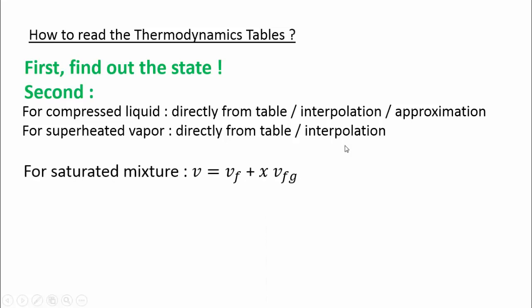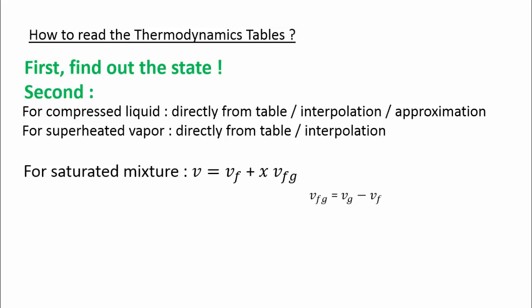If you have a saturated mixture, for example, you want to find the specific volume, you need to do some math, which is the specific volume of the saturated liquid plus the quality multiplied by the difference of the specific volume between the saturated liquid and the saturated vapor.